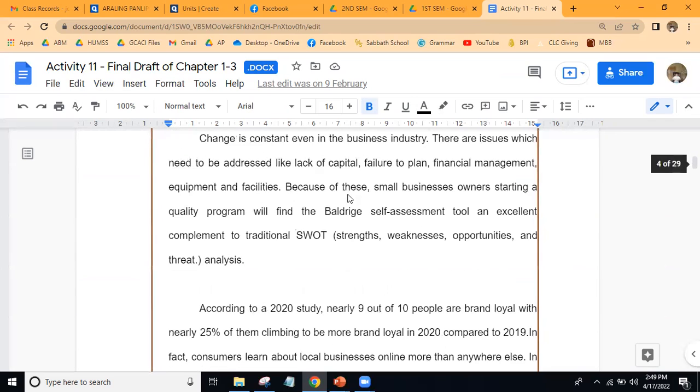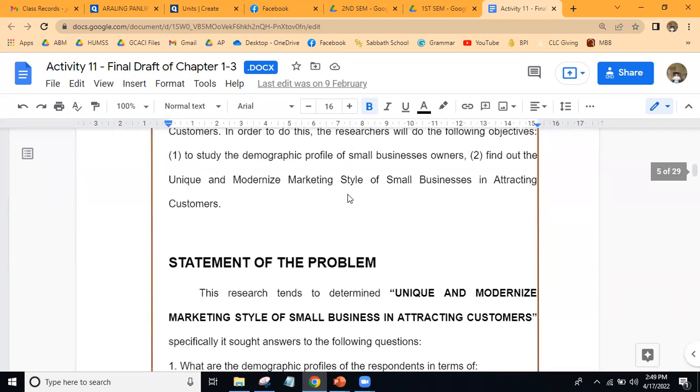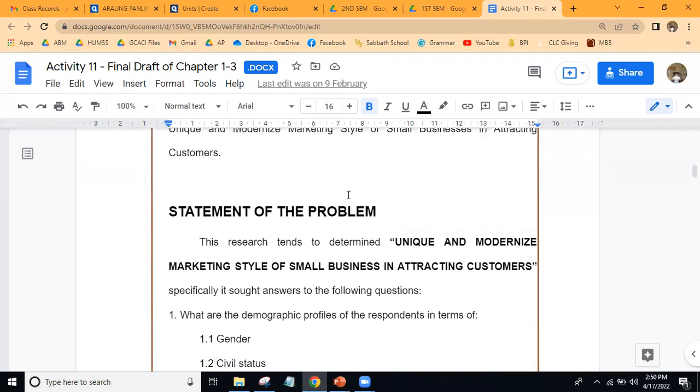Now, after making the introduction and background of study, the next part is the statement of the problem, or SOP. The statement of the problem is very important in research. Why?